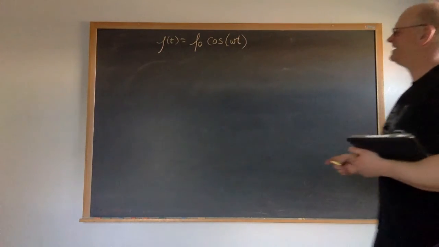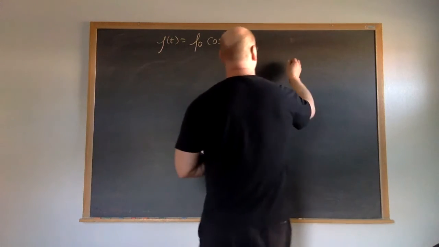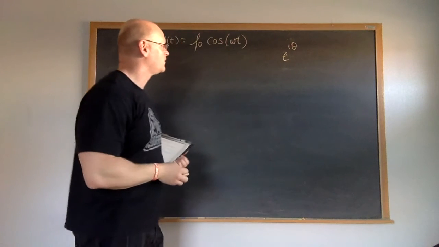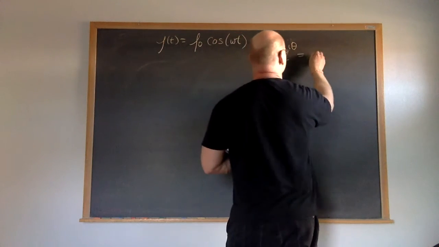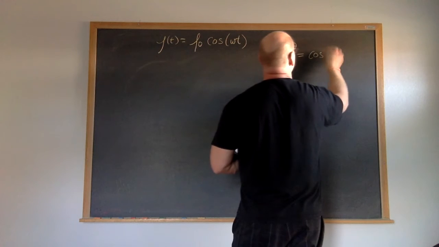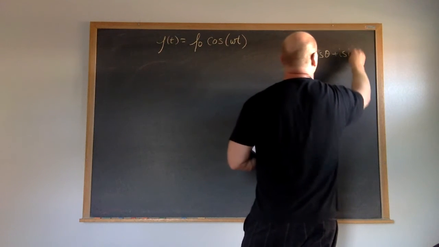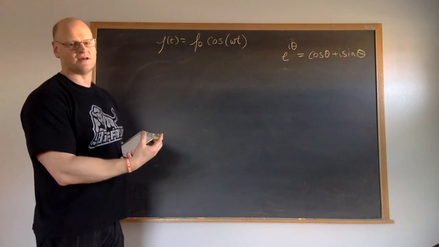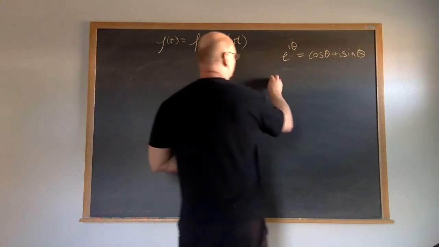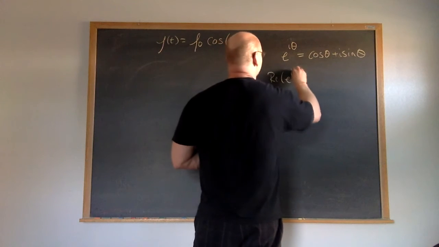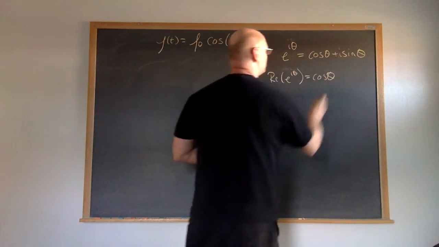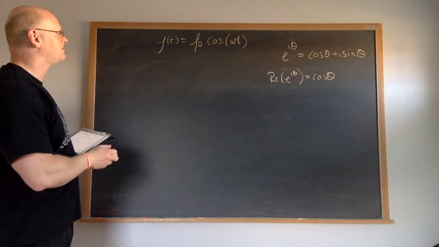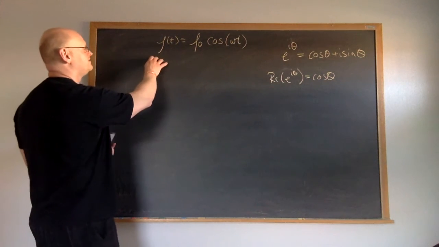Using Euler's theorem: e to the i theta is equal to cosine of theta plus i times sine of theta, which means that cosine of theta is simply the real part of this exponential. So if I take the real part of e to the i theta, that's simply equal to cosine of theta.